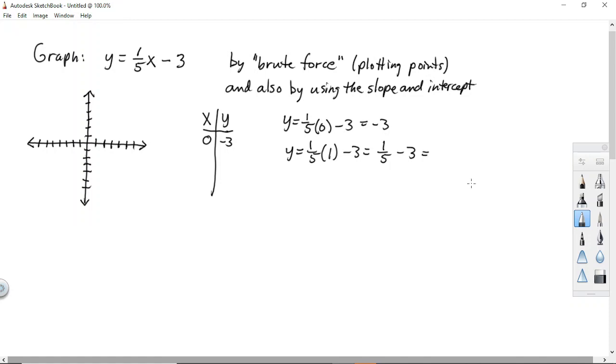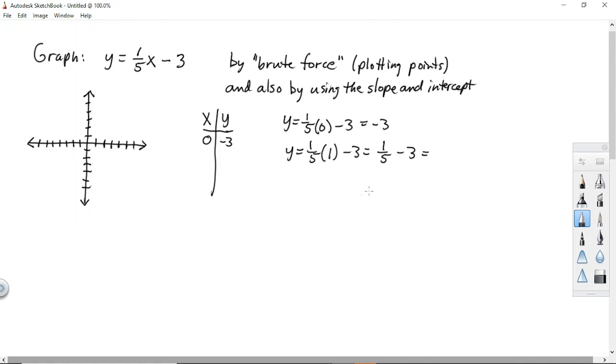And it's okay to just calculate this on the calculator. We could do it either way. We could get a common denominator and subtract, but I'm just going to do it on the calculator. So 1 divided by 5 is 0.2, and then 0.2 minus 3 equals negative 2.8.